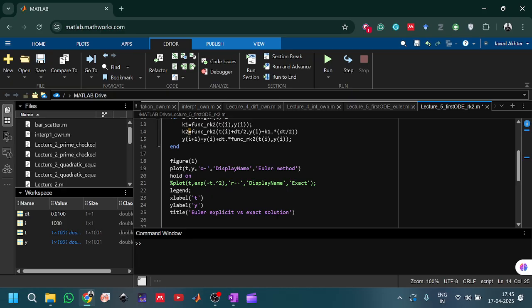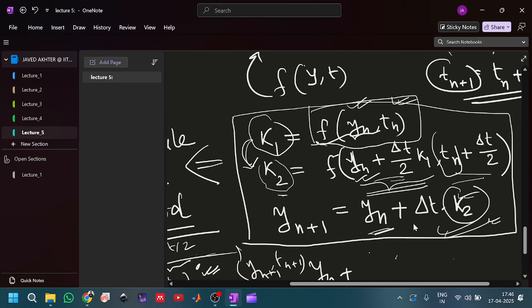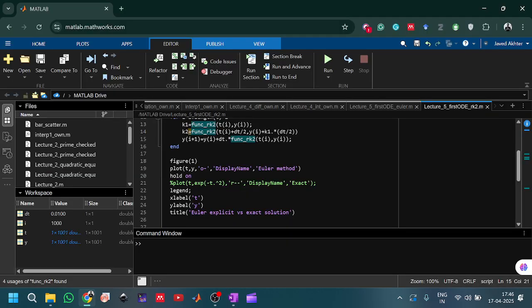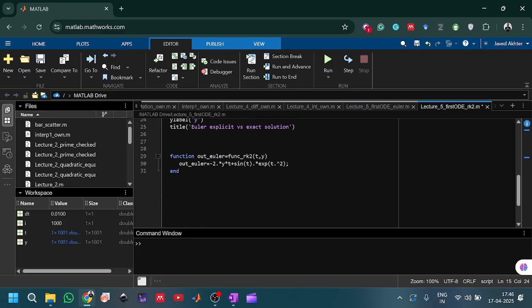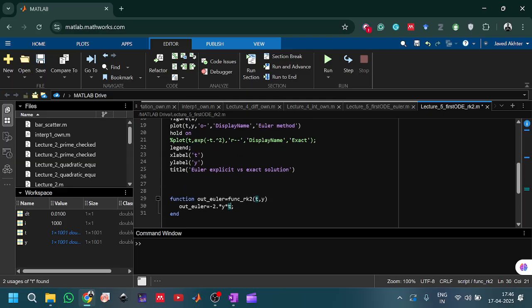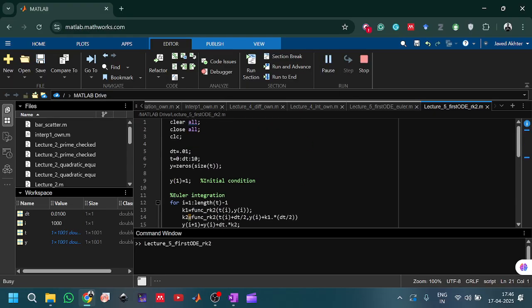So this is K2. How will I calculate Yi plus 1? This is basically Yi plus delta t into K2. Instead of the previous expression, I will simply write K2. Now that should give me the result. Let me remove this one so that I can check with what is already written here. Let me run it.